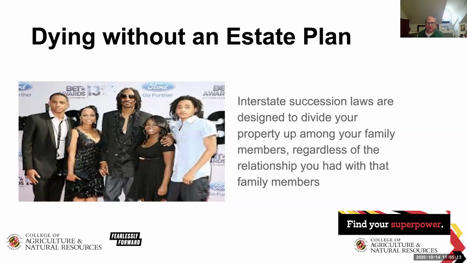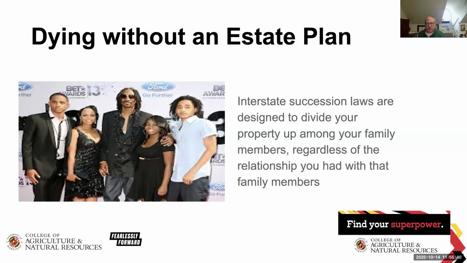The thing to point out in all this is we don't care about your relationship with your family in this process. We often have to remind people, potentially if they're going through a divorce or something else, and they're not communicating with children, that child, that spouse that they may be divorcing may still take in an intestate situation because the law doesn't care. The law just looks at what the relationship was.